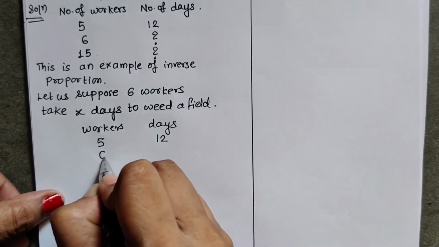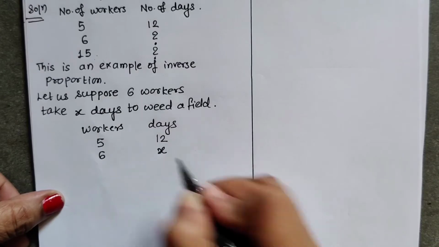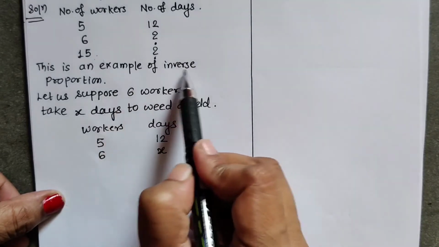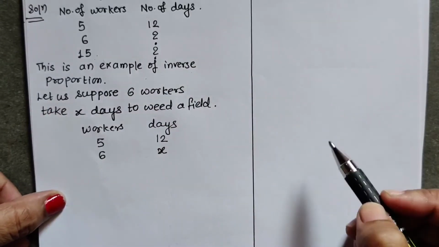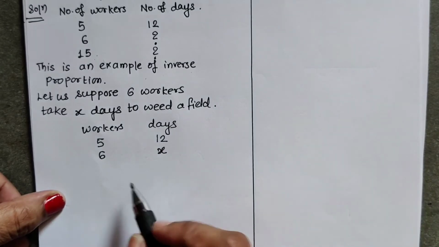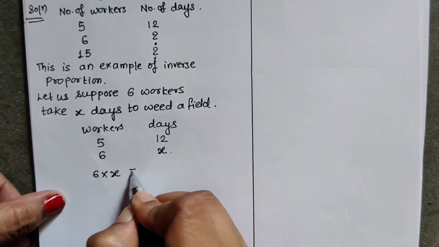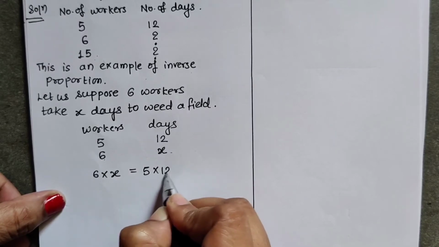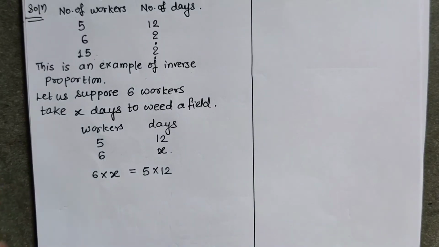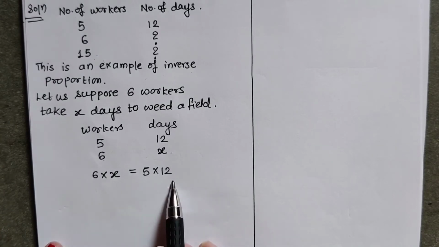The number of workers is 6 and we have taken x days for them. As this is an example of inverse proportion, their product is constant. That means 6 multiplied by x is equal to 5 multiplied by 12. In direct proportion, the ratio is equal, the division is constant. Here the product is constant.